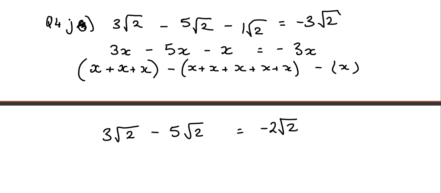So if I write it out like that, you have 3 x's and you have to subtract 5 x's. So that leaves you with what? Minus 2 x's. It doesn't leave you with -2 and then the x is gone.